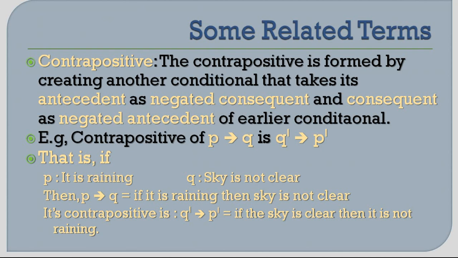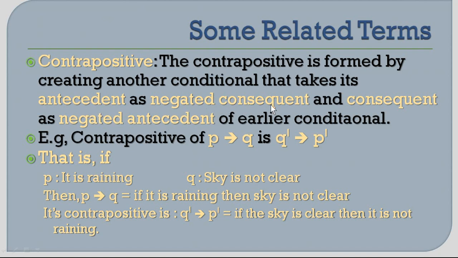So both you are going to combine in this contrapositive. So what happens is antecedent will become negated consequent, consequent becomes negated antecedent. So when you read it as terms, you may not understand, but when you see the example, you can see here contrapositive of P implies Q is Q dash implies P dash. Okay, so now when you read it, you may understand.